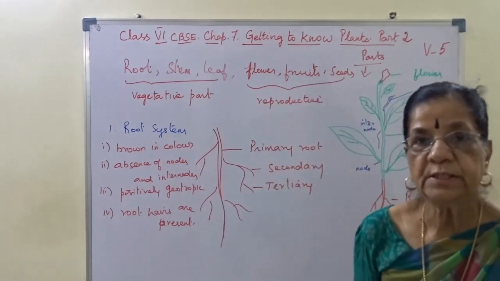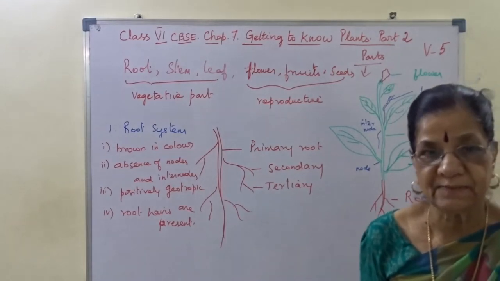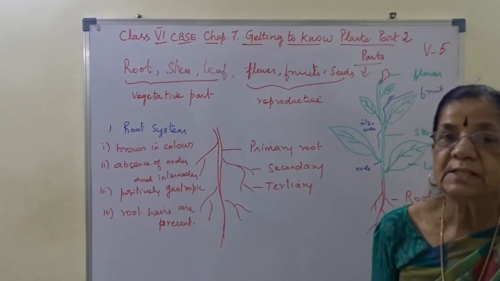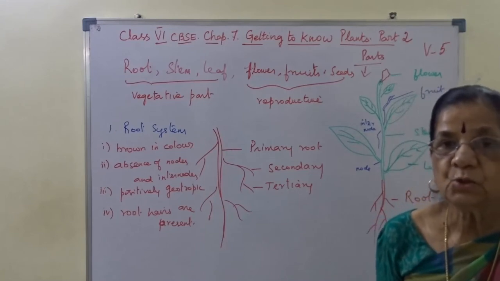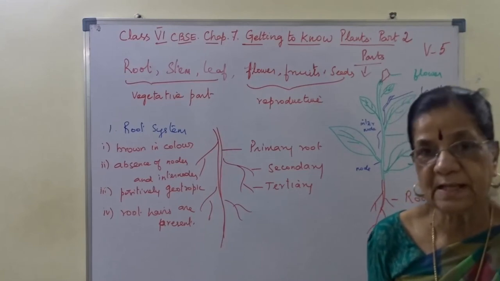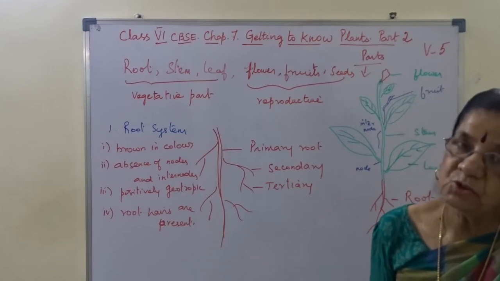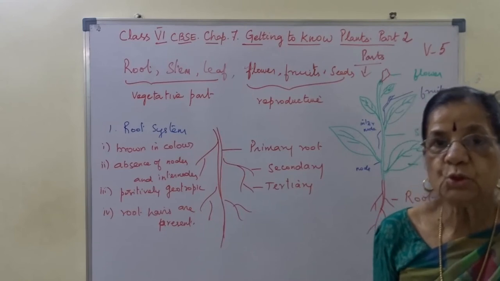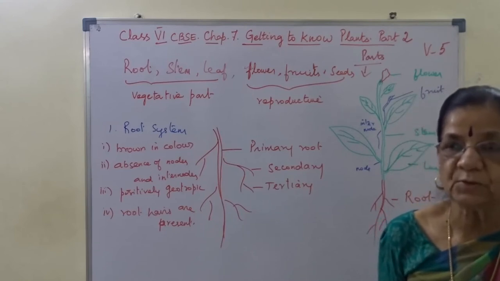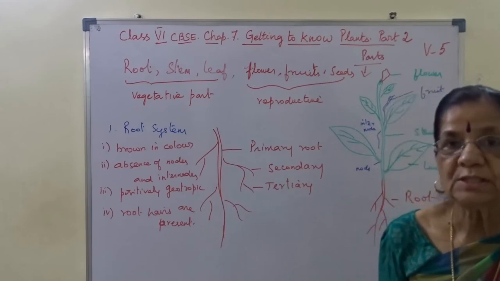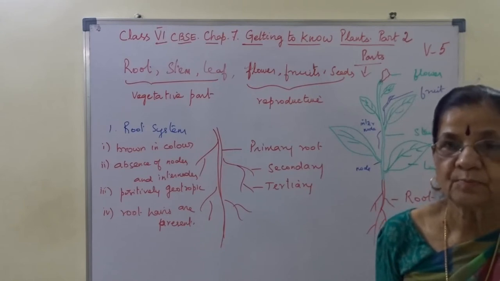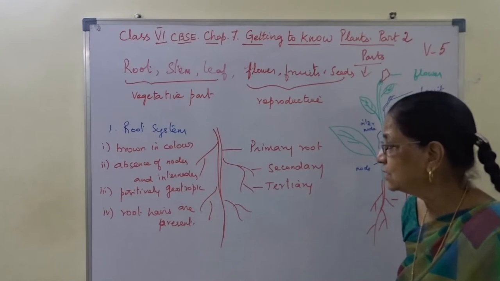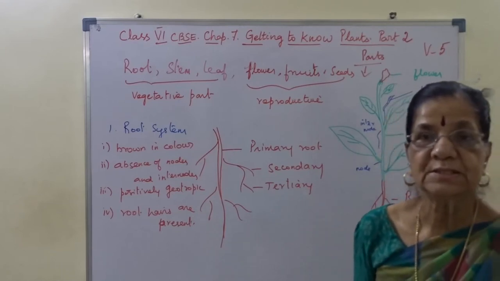When it is going towards the soil, towards gravity, it is geotropic movement. Whereas the shoot system grows away from gravity and grows towards the sunlight. That shows phototropism, towards light. I hope you understand. And then root hairs are present in the root system.